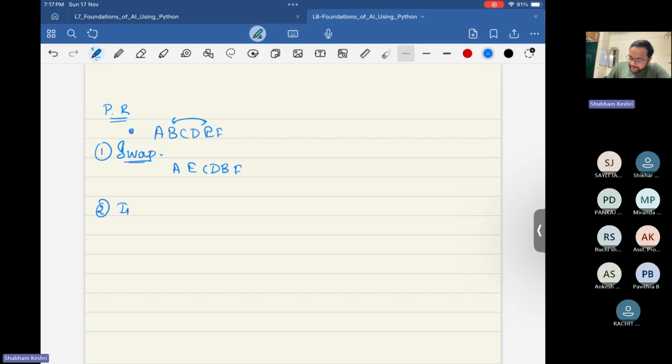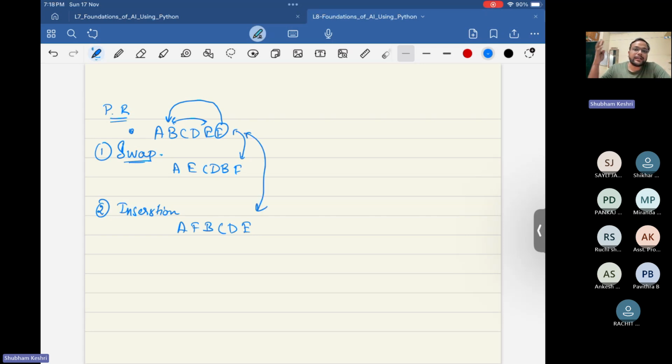Second is insertion. What is insertion? Insertion is you pick one of the elements and put it in some other location. So over here you can do A, F, B, C, D, E. What it is doing is picking F and putting it in between A and B. This is one neighbor. The distance between these two neighbors and the distance between these two neighbors are different.